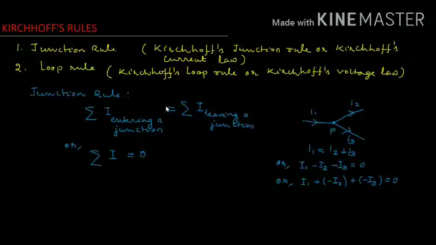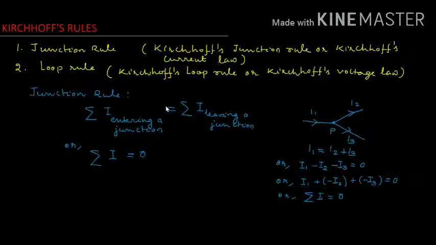So here we take the current flowing into a junction P as positive. I1 is taken as positive, and current leaving the junction point P is taken as negative. Here I2 and I3 are taken as negative. So the algebraic sum of currents can be written as sigma I is equal to 0.